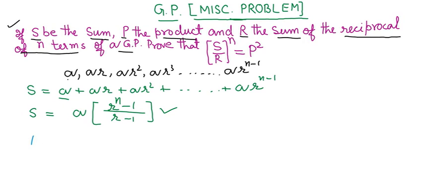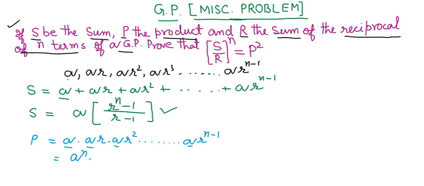Now see the second case, the product. P represents the product. So, P may be written as P is equal to a into ar into ar square and so on up to ar raised to the power n minus 1. Here we will have a how many times? n times. So the product of a up to n times will be equal to a raised to the power n.